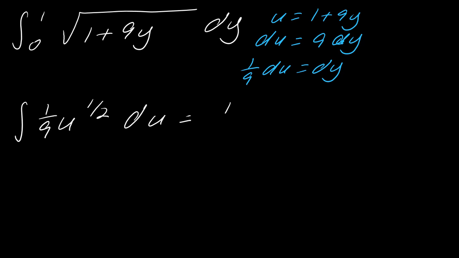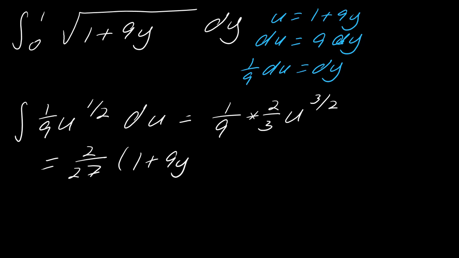So I'm going to get 1 over 9 times u to the 3/2 multiplied by 2/3. Okay, so there's my antiderivative. That's 2 over 27 times (1 plus 9y) to the 3/2.